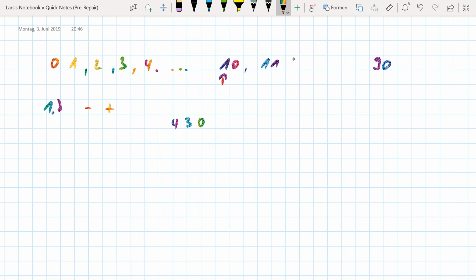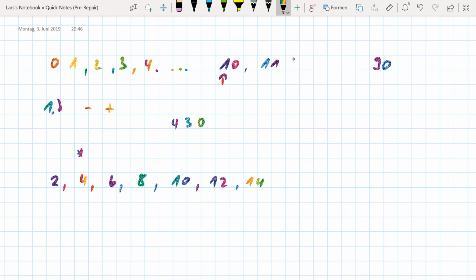The next thing is multiplying. I think that this is much more interesting, and a reason why we should change the system if you start from the beginning again. When you do multiplication, you have to learn the rows, like 2, 4, 6, 8, 10 and so on, 12, 14.